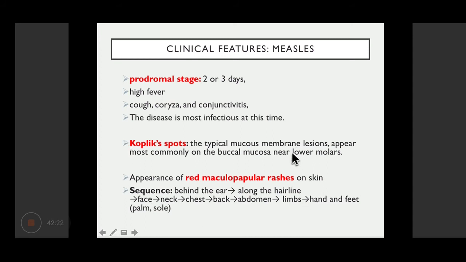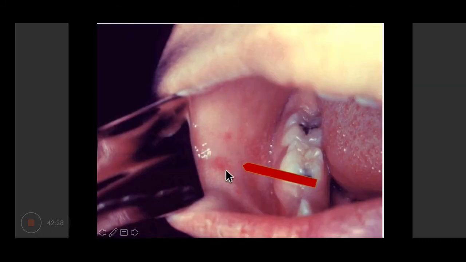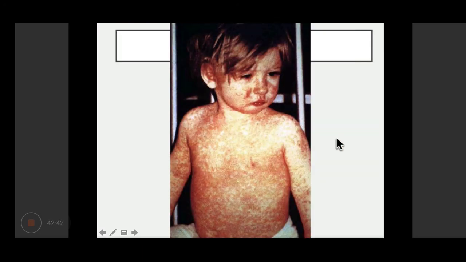This is the sequence that the rashes of measles follow. So these are the Koplik spots. These reddish dots that you can see over here appear on the buccal mucosa opposite the lower molars. And this is a child suffering from measles with a typical maculopapular rash.